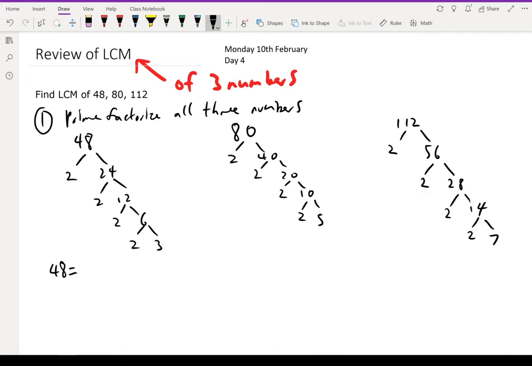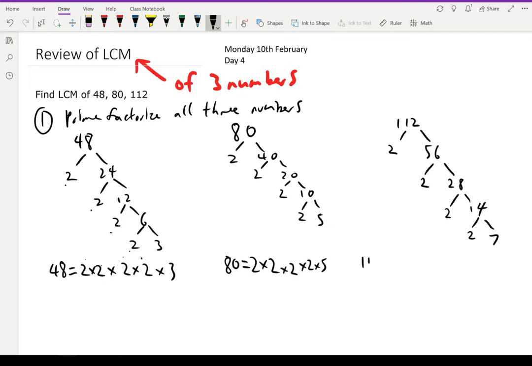48 is equal to 2 times 2 times 2 times 2 times 3. Let me just count. There's 1, 2, 3, 4 twos. Yep, that's correct. And then we have 80 is equal to 2 times 2 times 2 times 2 times 5.